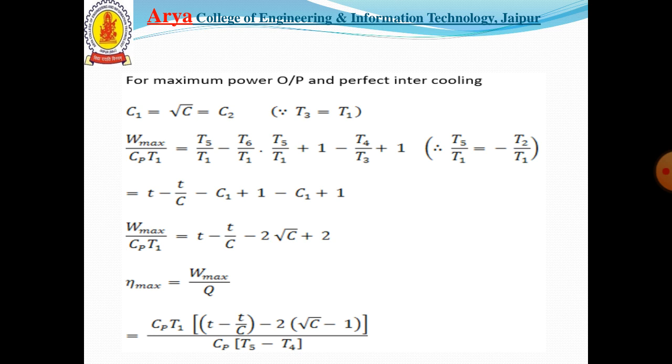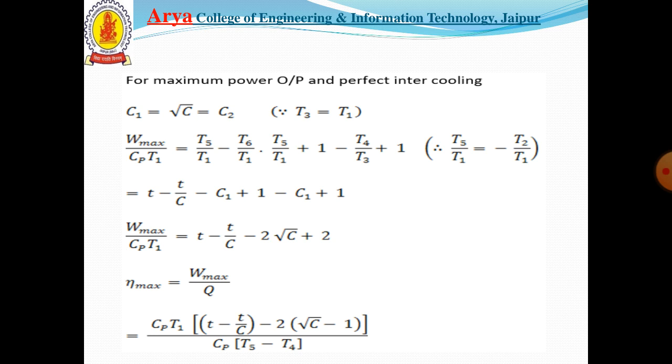The specific work output W maximum upon Cp T1 is equal to T5 upon T1 minus T6 upon T1, into T5 upon T1 plus 1 minus T4 upon T3 plus 1, because T5 upon T1 equals minus T2 upon T1.